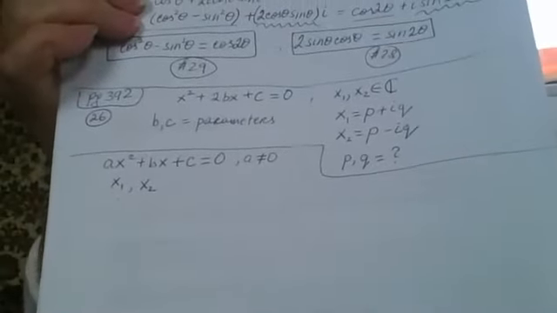The theorem of Viet states that if x1 and x2 are solutions of that equation, and for us it doesn't matter if they are real or complex, because the theorem of Viet is applicable to all cases, then x1 plus x2 equals minus b over a, and x1 times x2 equals c over a.